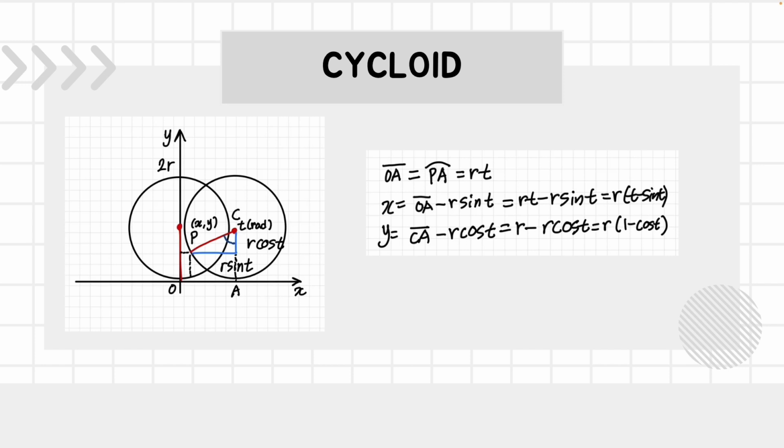The length of the line segment OA is equal to the distance the circle has been rolled, so OA is RT. Then we can let x as this and y as this. If we solve x and y for r and t, then they can be expressed as follows. This is the same answer we got when we solved the problem earlier, right? So we can say the solution to the brachistochrone problem is a cycloid.